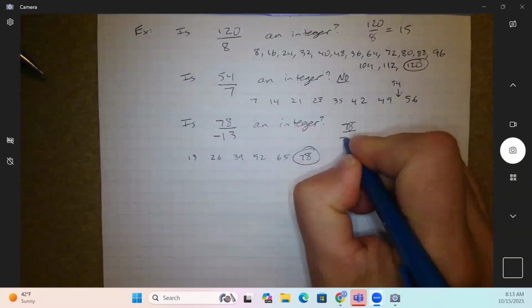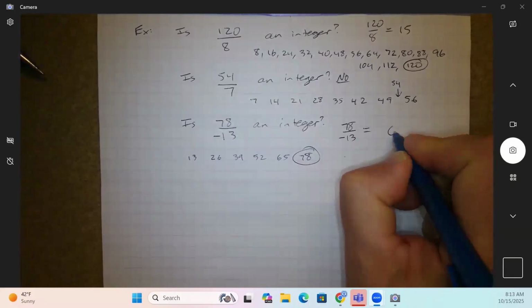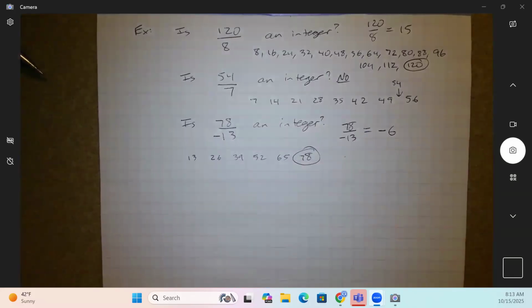So 78 over -13 is going to be -6 because a positive divided by a negative is a negative. And that's how you check if a number is an integer if you don't have a calculator. If you have a calculator, you can just divide them, and if there's nothing after the decimal, then it's an integer.